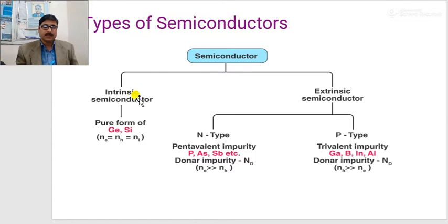And here we classify semiconductors on the basis of the doping property. So it is of two types: intrinsic semiconductor and extrinsic semiconductor. Intrinsic means it is pure, there is no doping, there are no extra impurities in it, whereas in the case of an extrinsic semiconductor, doping is done with either trivalent atoms or pentavalent atoms, because the valency of germanium and silicon is 4.